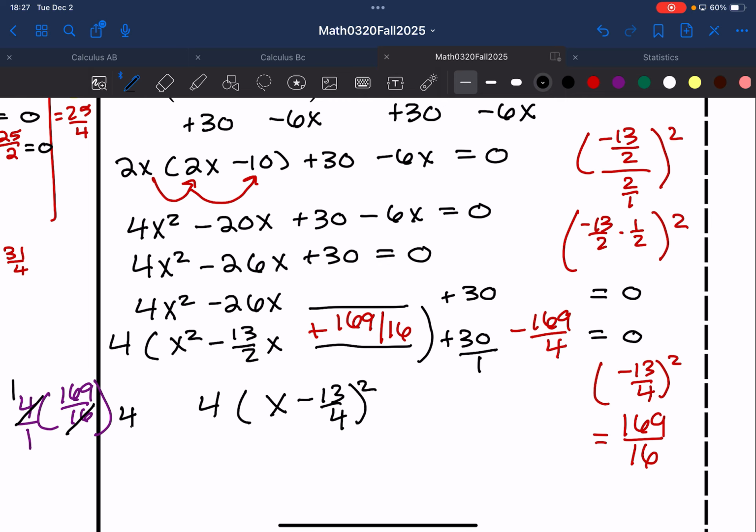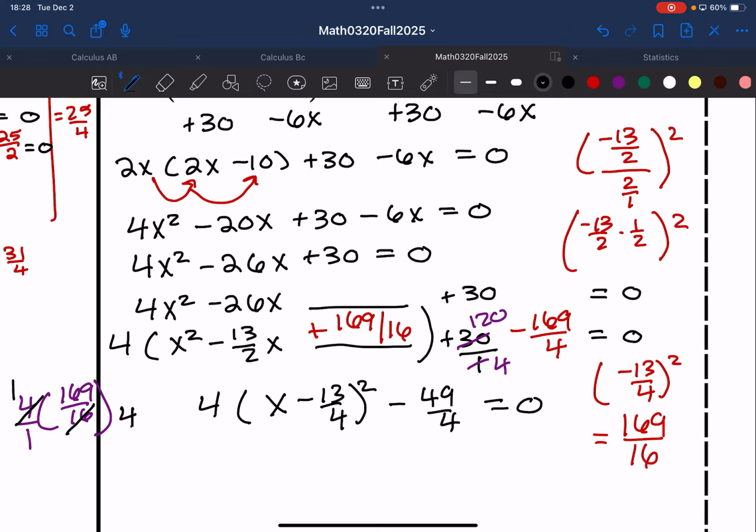So what am I multiplying 30 by? 4. So what's 30 times 4? 120. So this is 120 over 4. Then I subtract. What's 120 minus 169? Negative 49. So I have minus 49 over 4 equals 0.